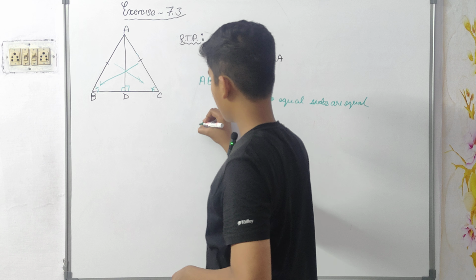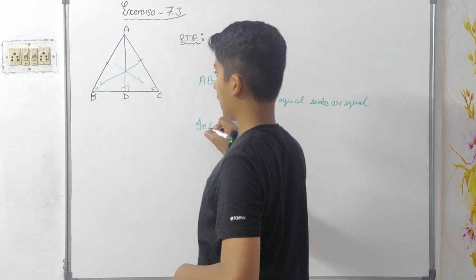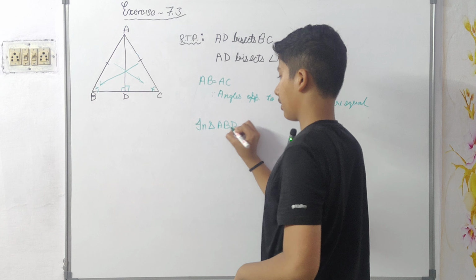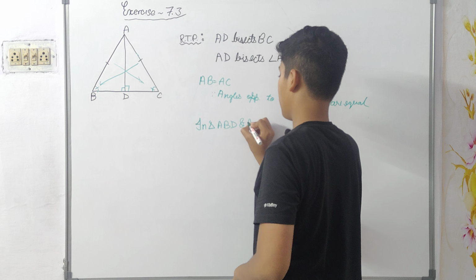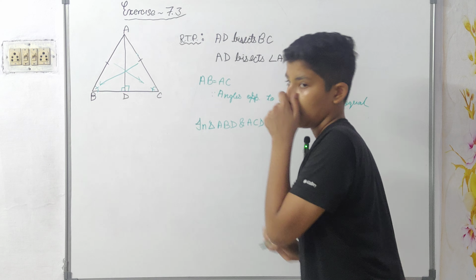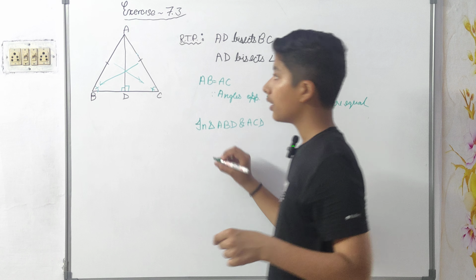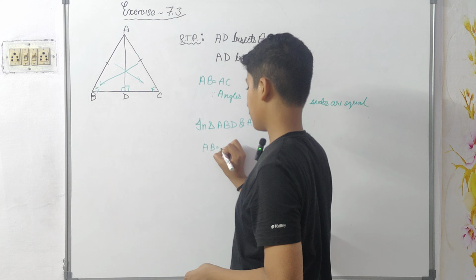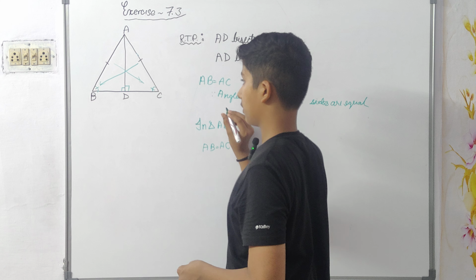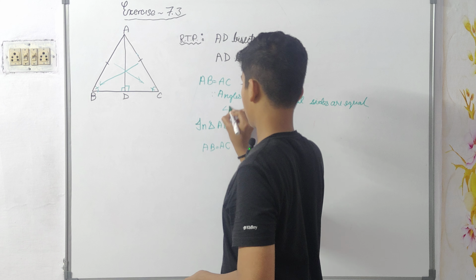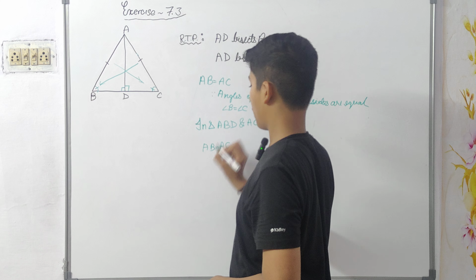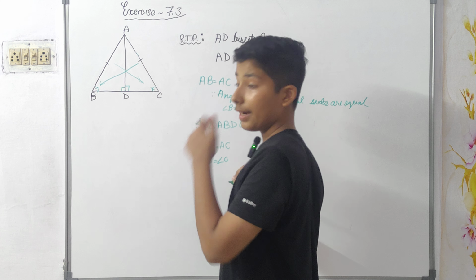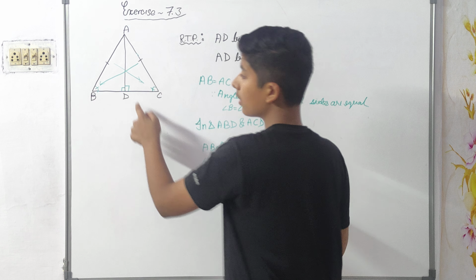So here we'll write in triangle ABD and ACD, we can say AB equals to AC, angle B equal to angle C, and at last what will be equal?